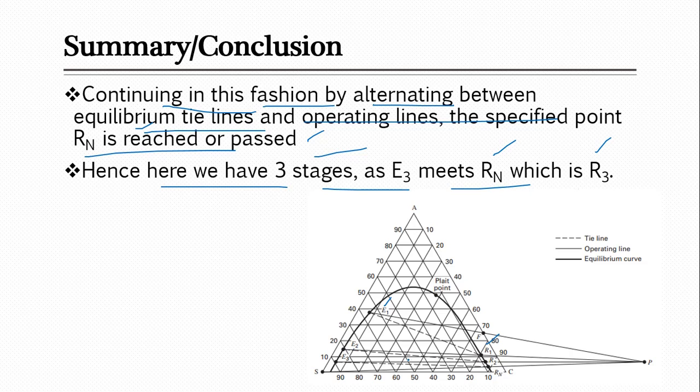He is just showing the stage tie lines, the equilibrium line, and the operating line. Again you can see that E1 is connected with R1, and then E2 is connected with R2, and finally E3 is connected with Rn. So he also has 3 stages, and our results are more or less comparable to this. This is the way you can calculate the number of stages.